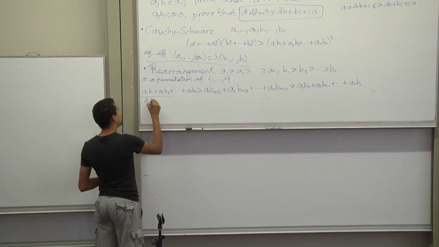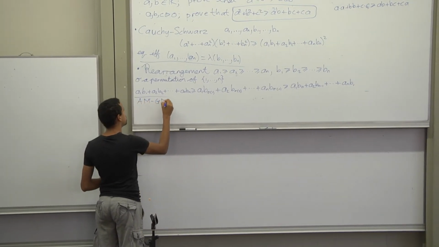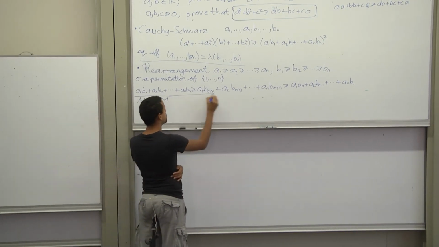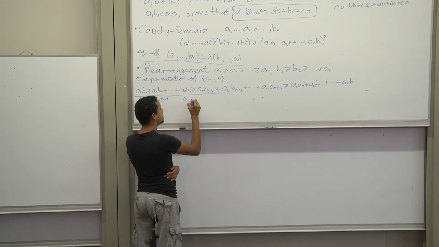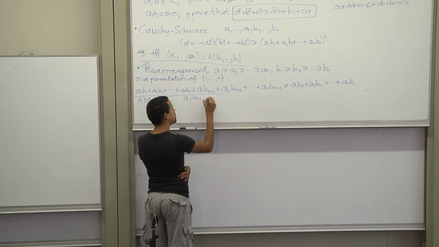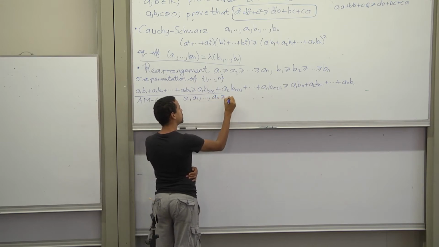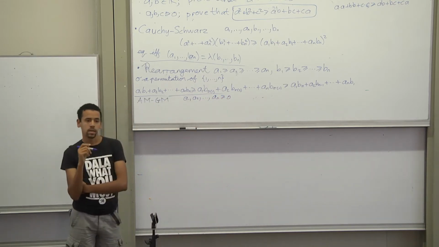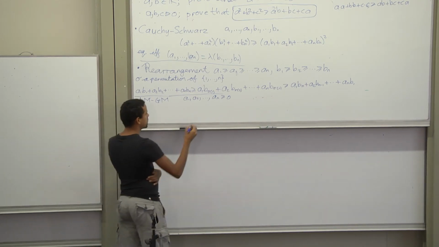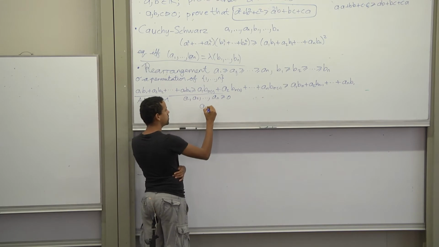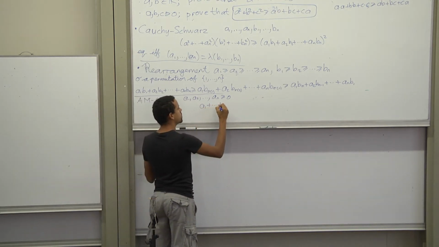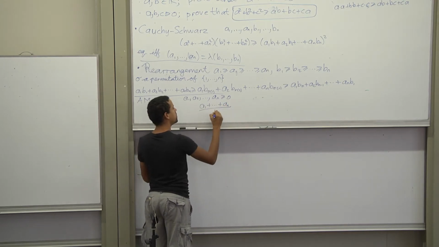So, AMGM inequality. Here you have one sequence of numbers, and these have to all be non-negative. A1, A2 to AN being greater than or equal to 0. And what the AMGM inequality says is that if you take the arithmetic mean, that's where AM comes from, A1 to AN, add them all up, divide by n.